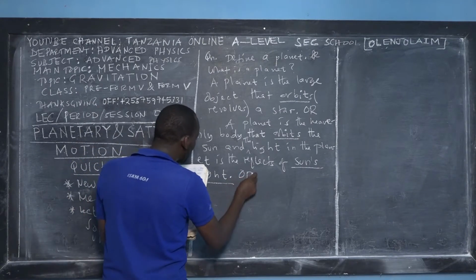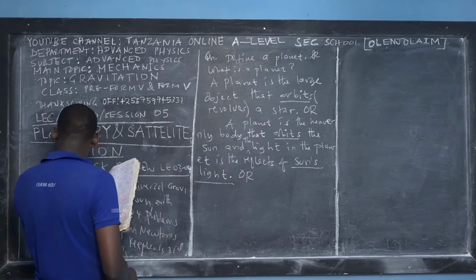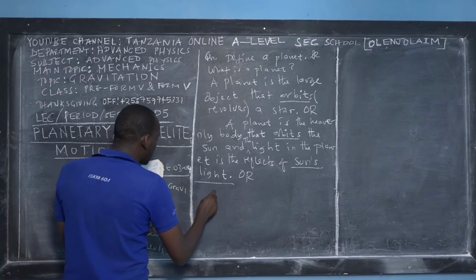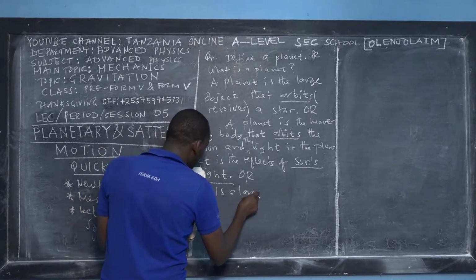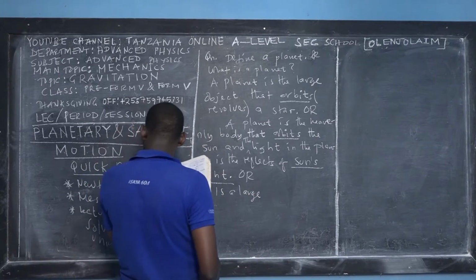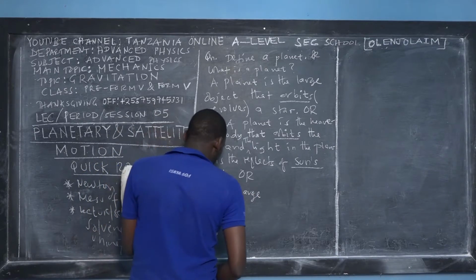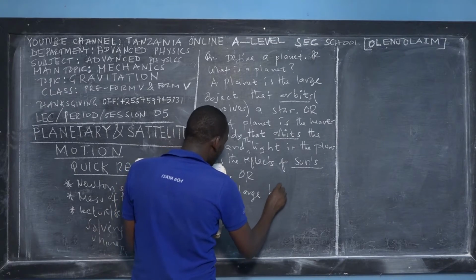Or some of the references also define the planet in this way, that a planet is a large body, right?